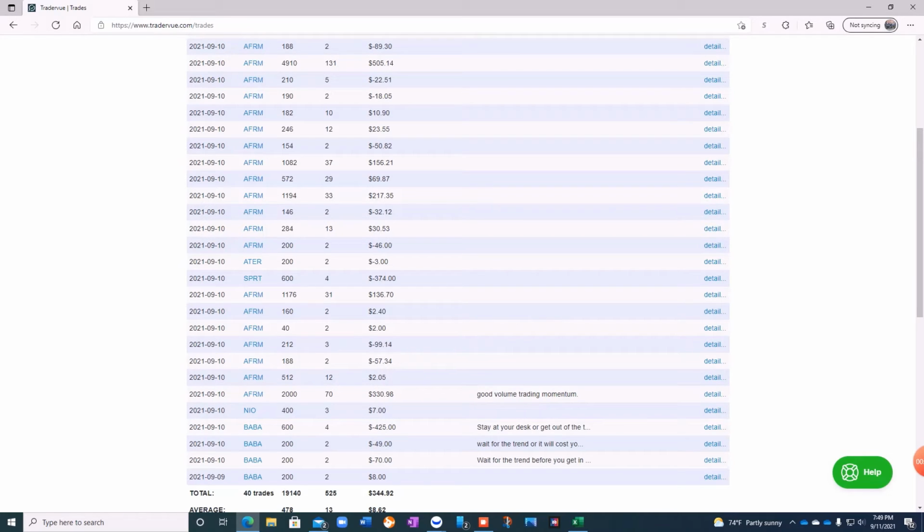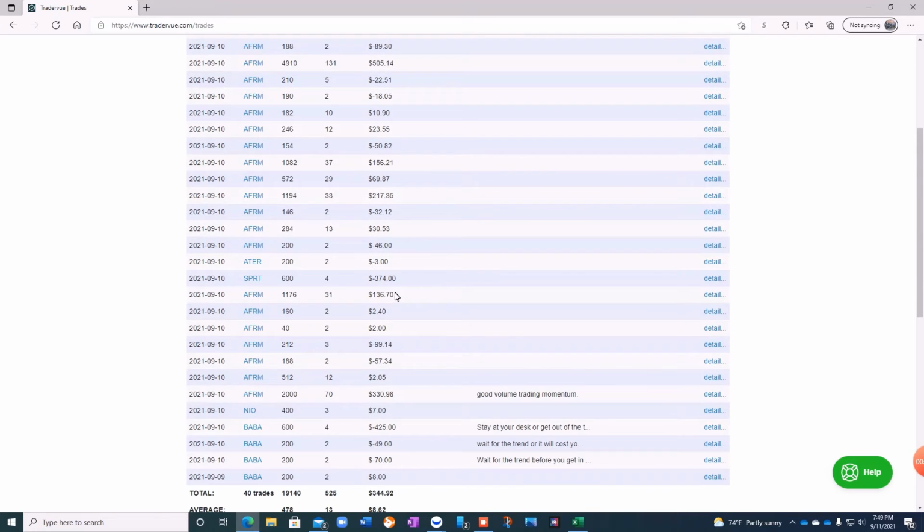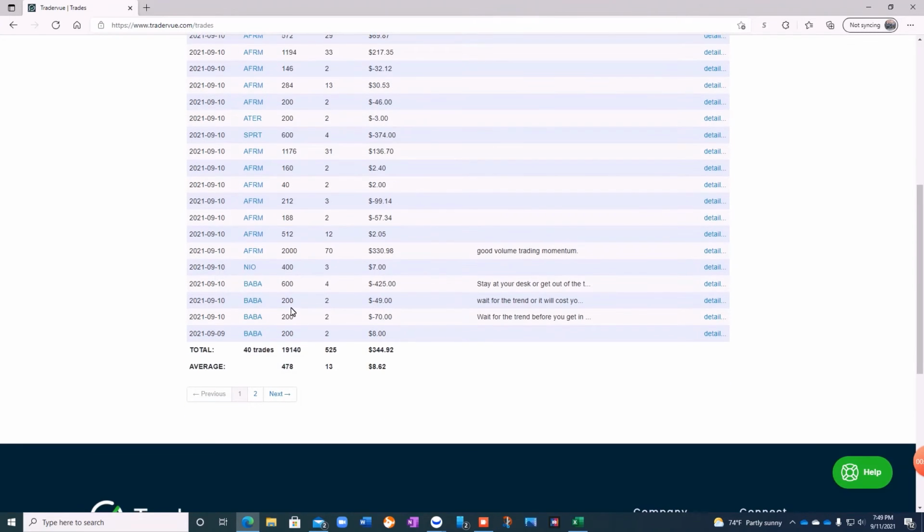This one was a $57 loss trade. This one was a $99 loss trade, and then I made $2.40 on this one. Here's a good one, 136. So at this point here, I was at negative, I think, 200 from the Baba loss that I took, right?